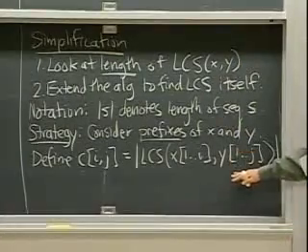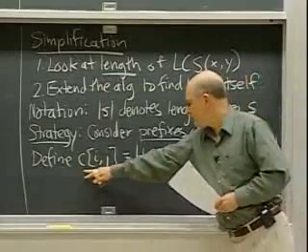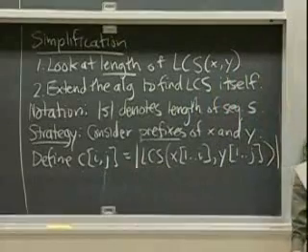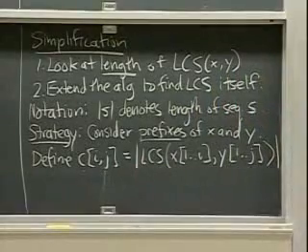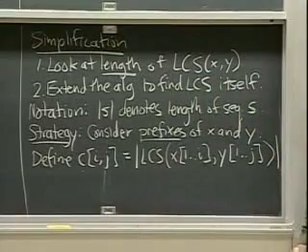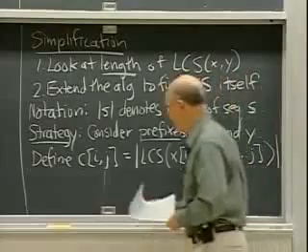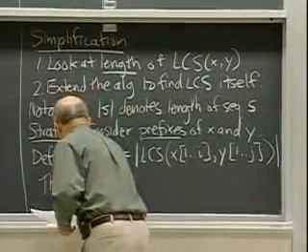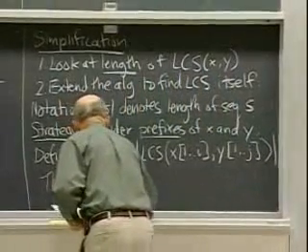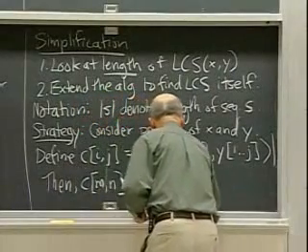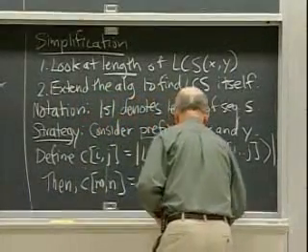How do we solve the longest common subsequence? Suppose we've solved this for all i and j. How then do we compute the length of the longest common subsequence of x and y? C[m,n]. Yeah, C[m,n], that's all. Okay? So then C of m comma n is just equal to the length of the longest common subsequence of x and y.